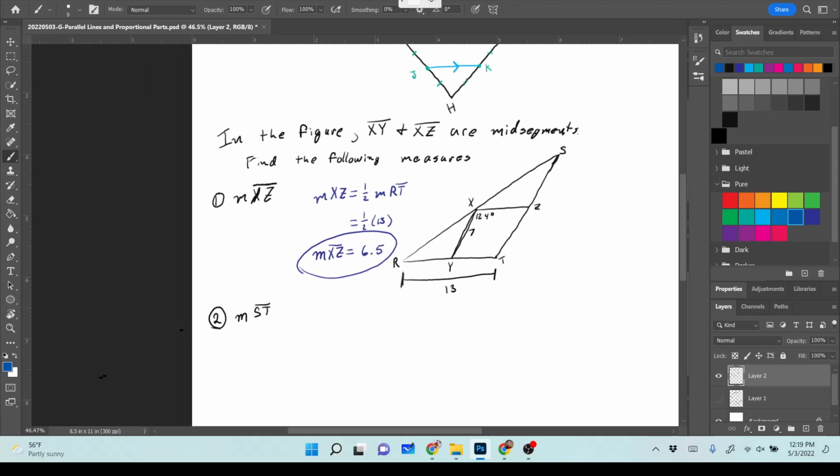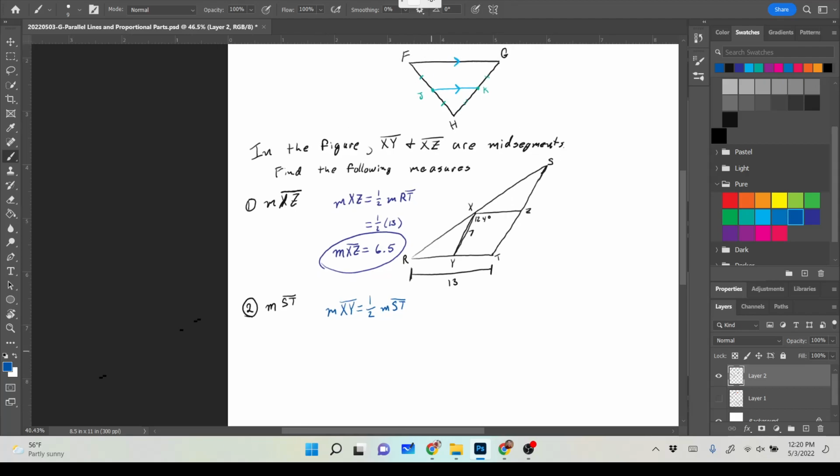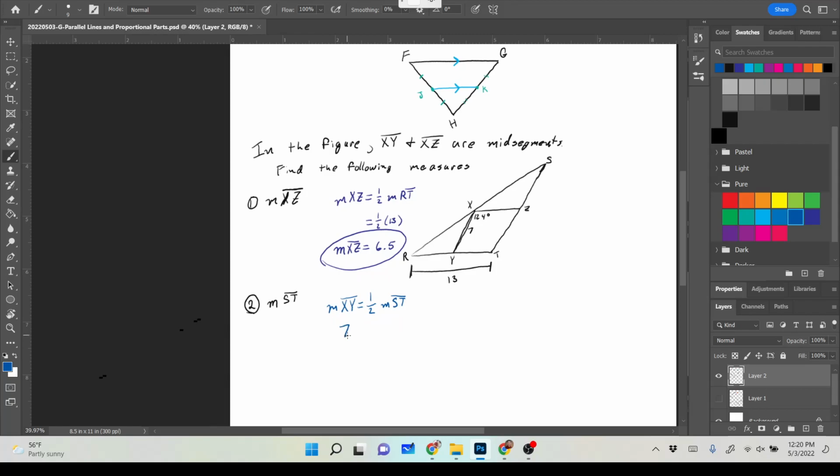Yeah, so we're using the fact that this is also a midsegment, so the measure of XY is 1/2 the measure of ST. And we know XY is 7. And so to get rid of that 1/2, we multiply. So what's the measure of ST? 14.